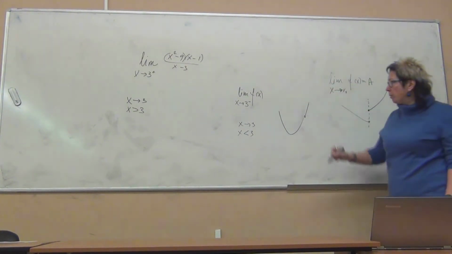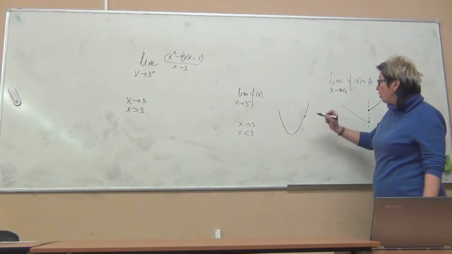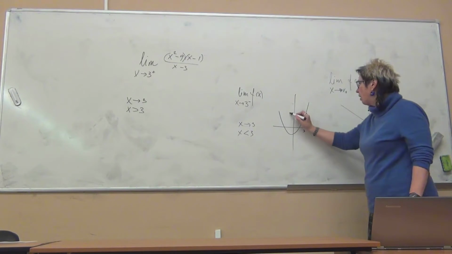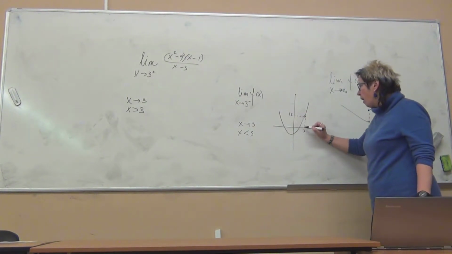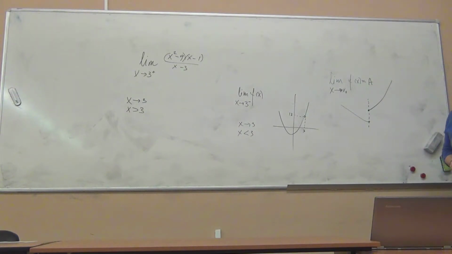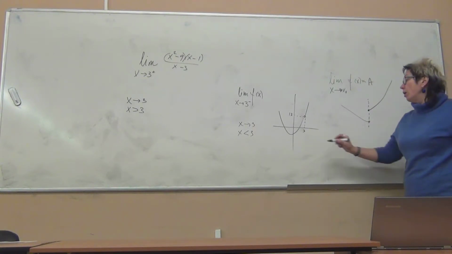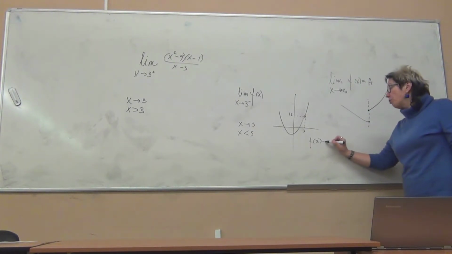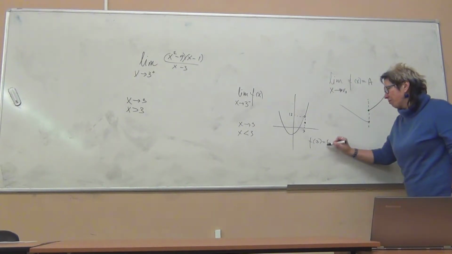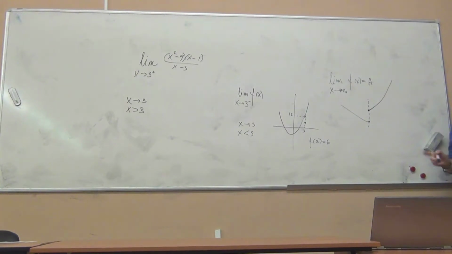But for that parabola, I might say, for example, we have this nice function, and at 3 it's 12. For all the values except for 3, the function values are as defined by this formula, but the function at 3 is, let's say, 6. So now I have a very strange definition of a function.